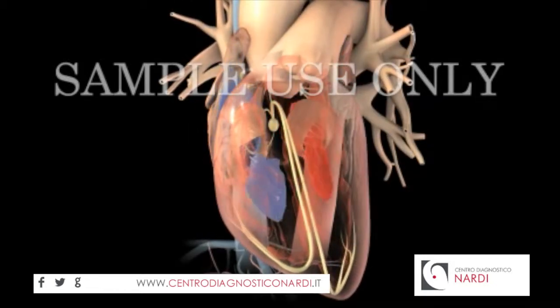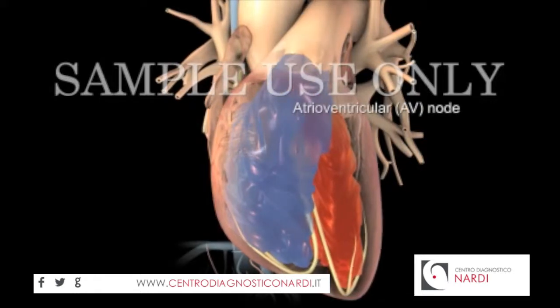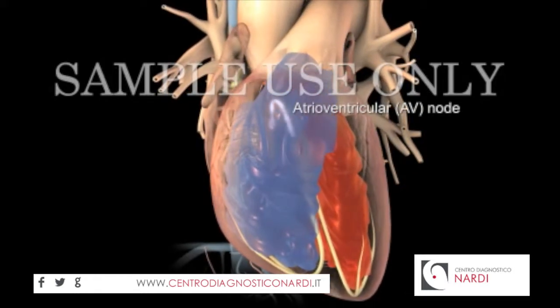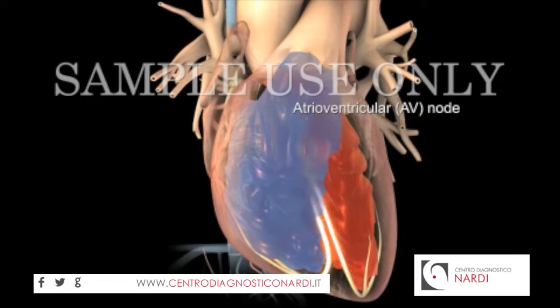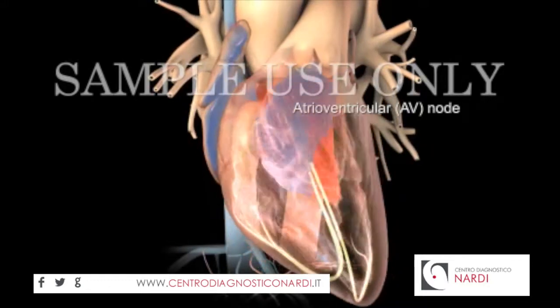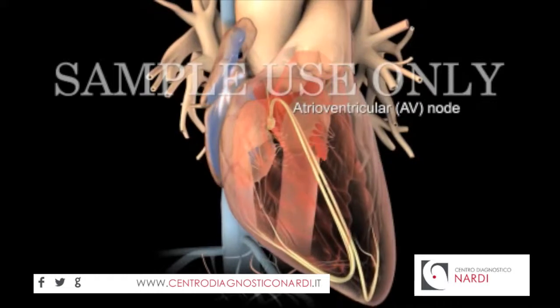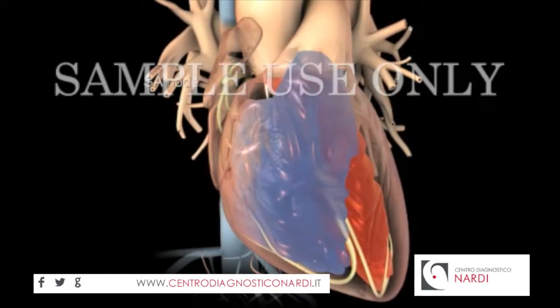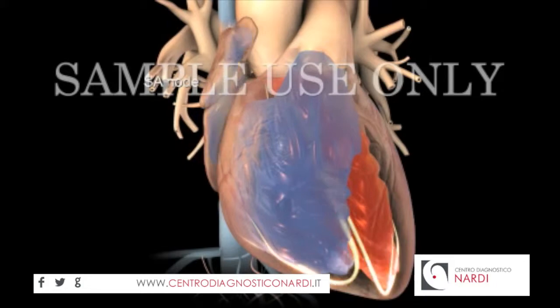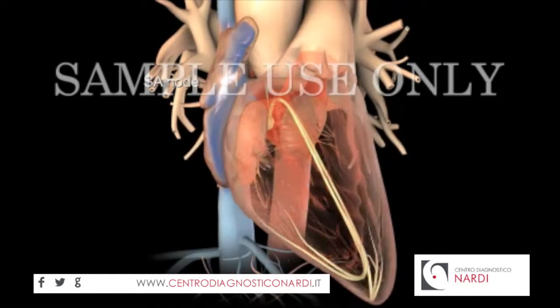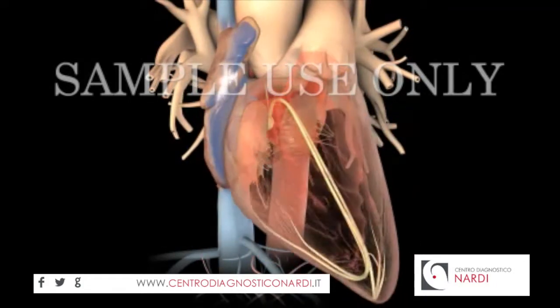As the atria relax, the signal travels through the atrioventricular or AV node to the ventricular walls, causing them to contract. The ventricles relax, completing one full heartbeat. Immediately, the SA node generates a new electrical impulse, repeating the pattern.